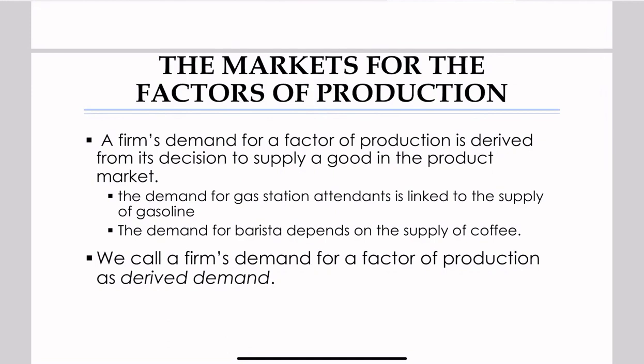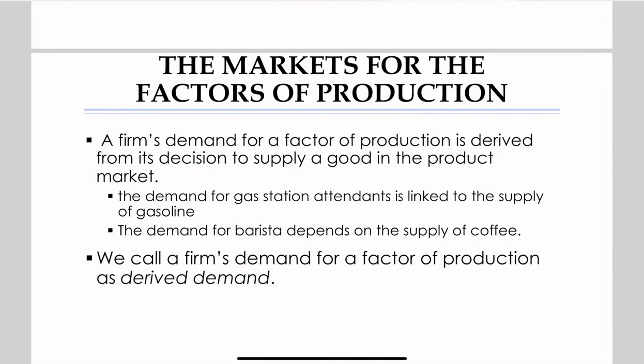This is actually easy to understand, right? So if the supply of gas is high, then this basically means that the demand for gas station attendants will be high, right?